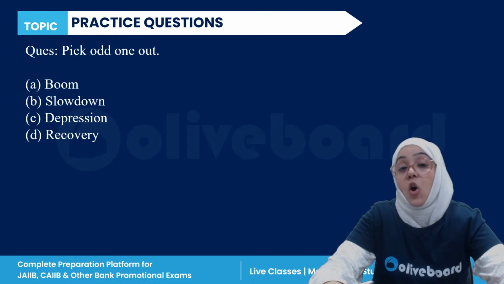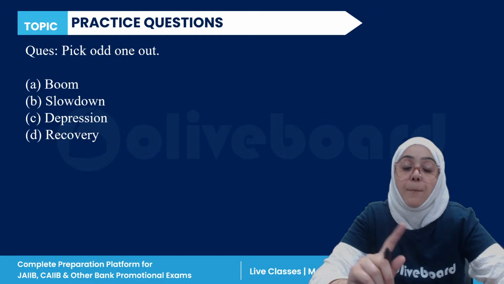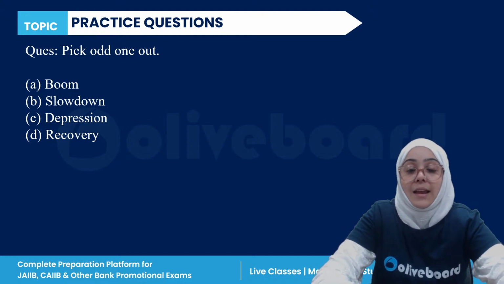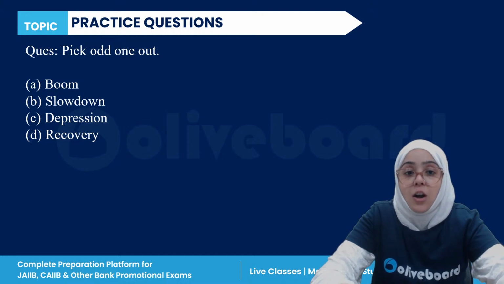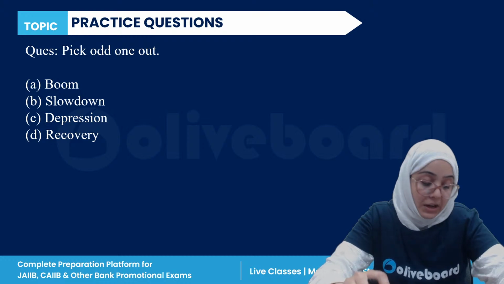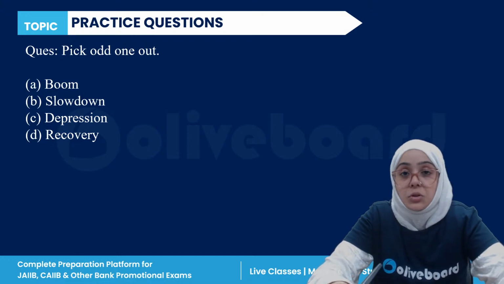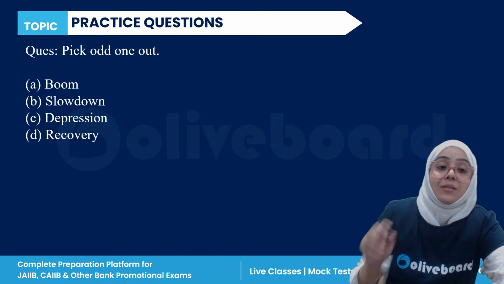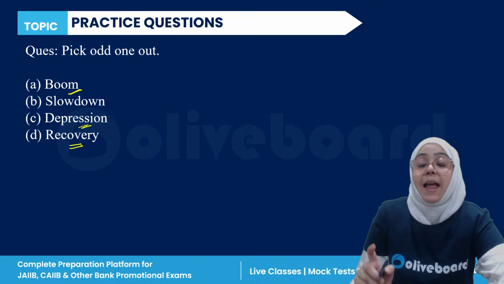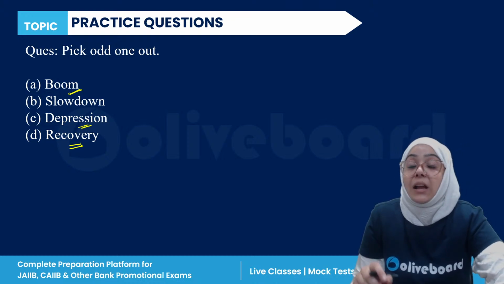Next question. Pick the odd one out: boom, slowdown, depression, or recovery. Recovery, depression, and boom are actually the business cycle phases, or economic conditions.